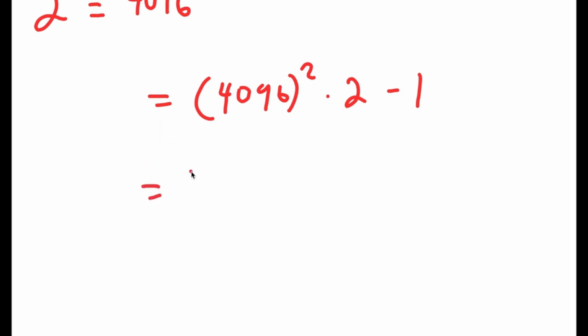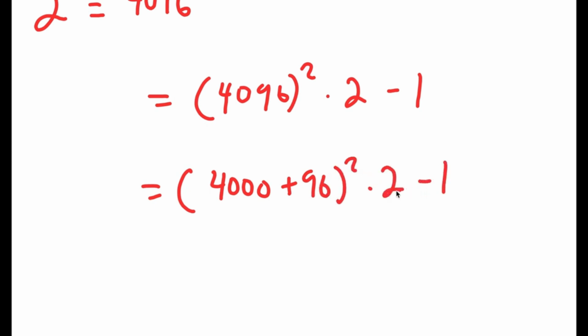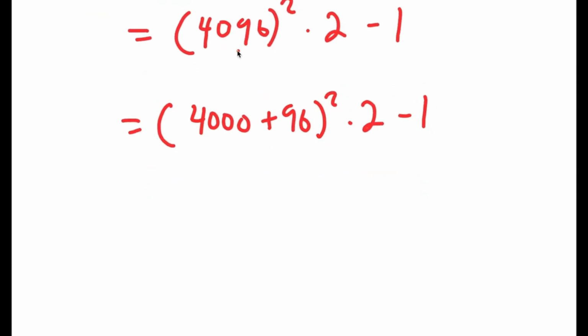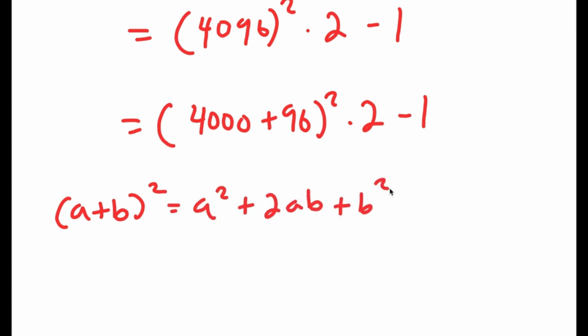And now this is equal to, I'm going to simplify this, 4,000 plus 96 squared times 2 minus 1. And the reason I'm doing this is because 4096 squared is really hard to calculate by itself. So if we change it to 4000 plus 96 squared, I can use the property a plus b squared is equal to a squared plus 2ab plus b squared.